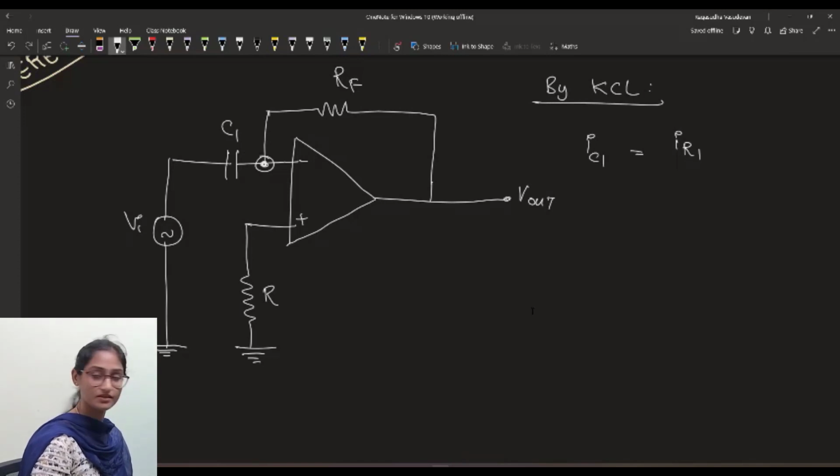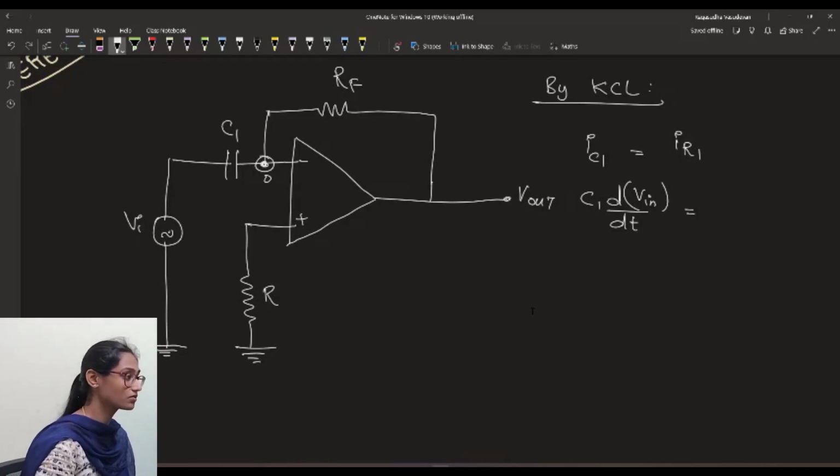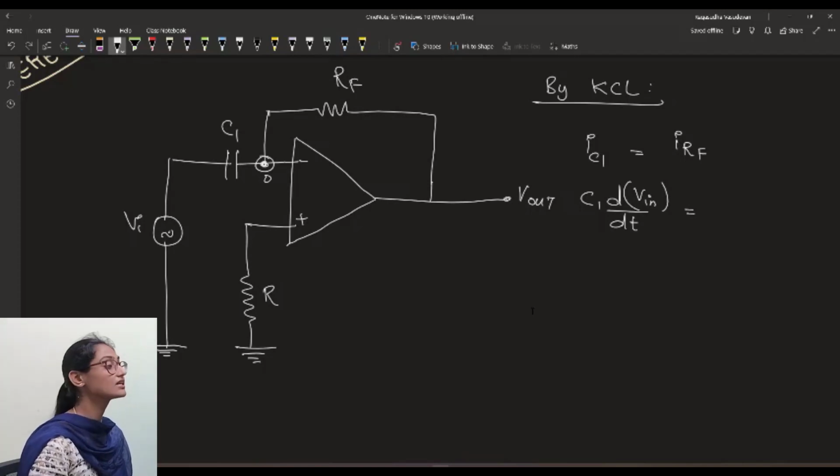So the current through the capacitance will be C1 times the differential of the voltage between these two ends, which is Vin minus 0, which is Vin. Because this is 0 volt, the difference is Vin minus 0. The current through RF, this is not R1, this is RF, will be 0 minus Vout divided by RF.